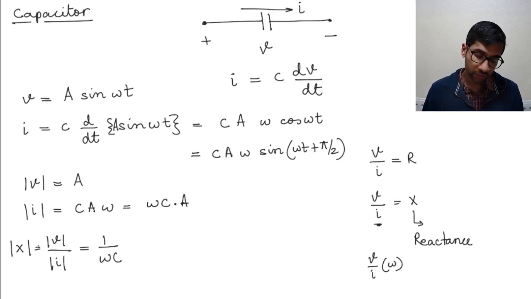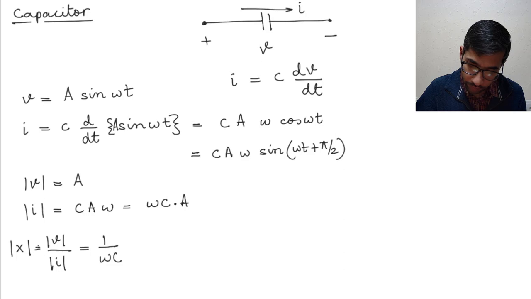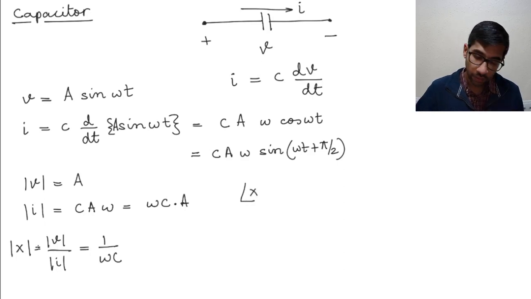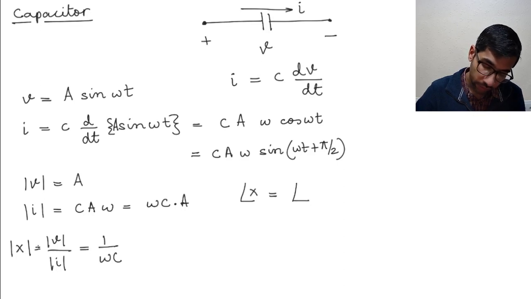And now let's try to figure out what's the angle of the reactance. So let me just clear up the screen a little bit so that we are able to write the equations for the angle. So what I'm wanting to do is find out the angle for x, or the phase of x, and x is what? X is V over I, right?